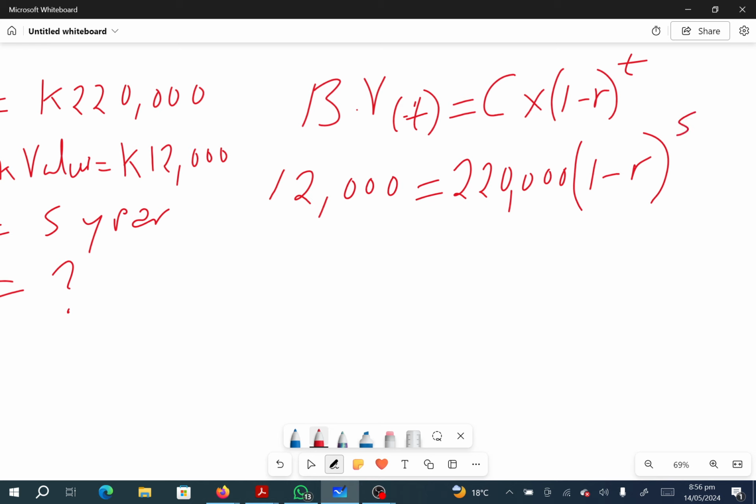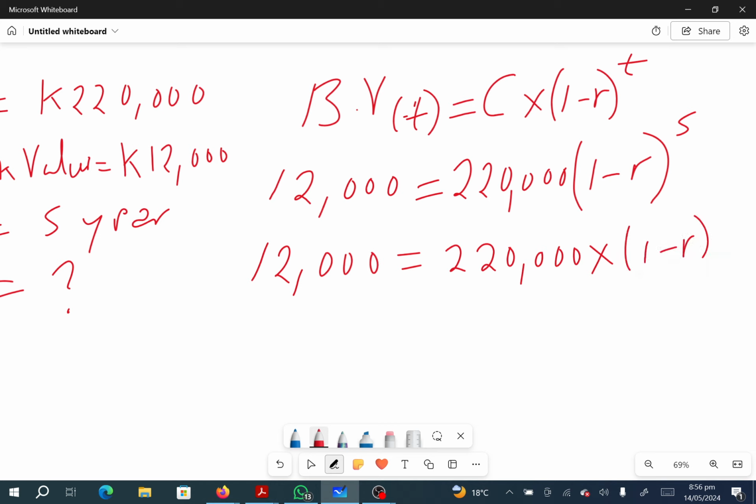So we can now begin to compute. 12,000 is equal to 220,000 multiplied by (1 minus R) to the power 5.